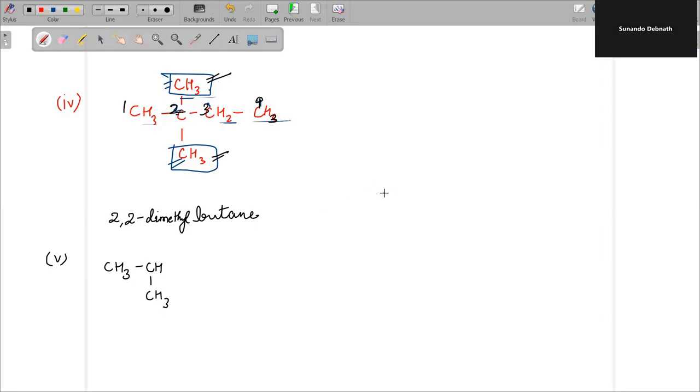Okay, let me just draw the structure. Here you have again CH connected to CH3.